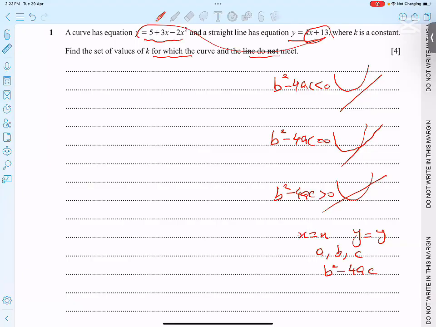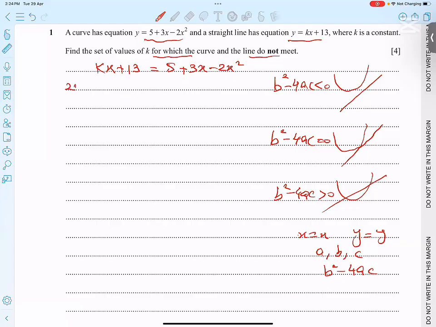First of all, this and this are equal to each other. So I get kx plus 13 is equal to 5 plus 3x minus 2x square. I bring all these values to the left side.